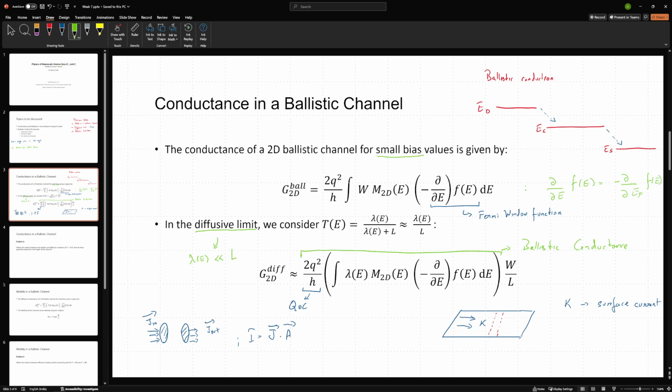And this, like, into W by L is going to give us the conductivity. Sorry, not conductance. I sincerely apologize. The whole thing is the conductance, and what I have here is the ballistic conductivity.